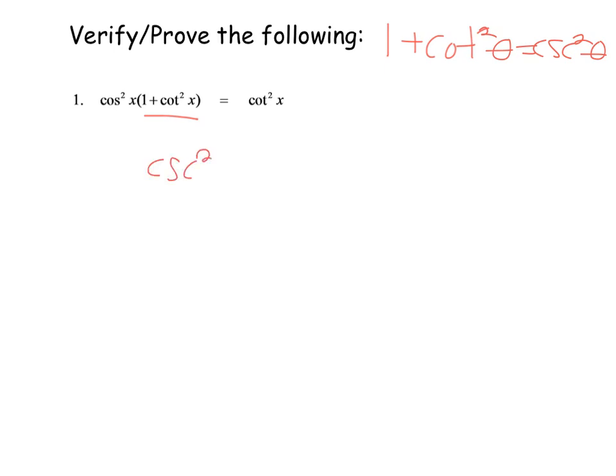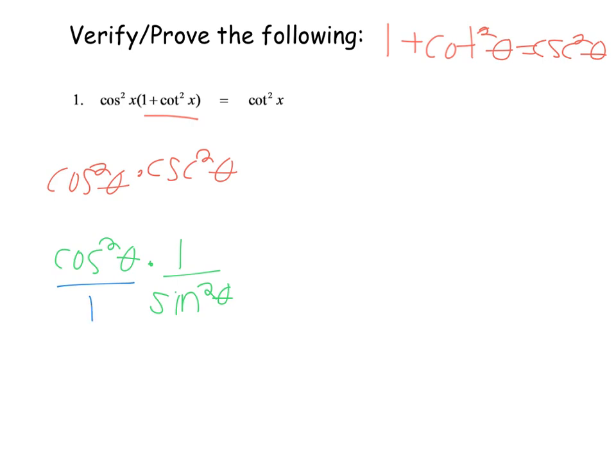So now I have cosecant squared times cosine squared, and now I go from there. Now I can change them into terms of sines and cosines. So cosine squared will remain cosine squared, and cosecant squared is the same as 1 over sine squared. So then, if I multiply the numerators with the numerators and the denominators with the denominators, I get cosine squared over sine squared.